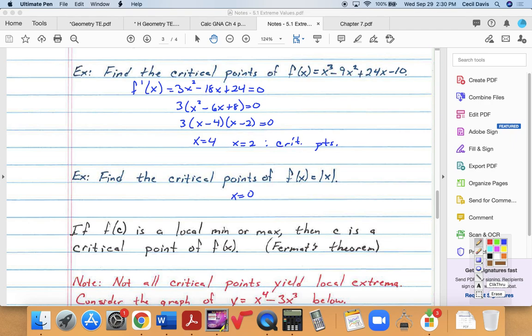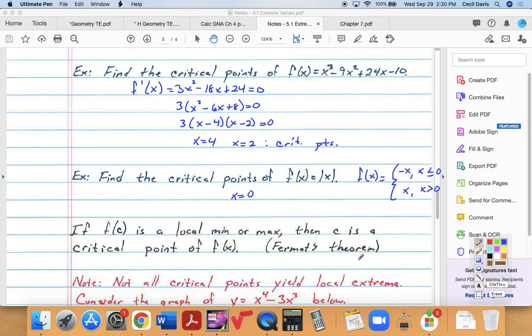By the way, if you wanted to show that non-graphically, what you would have to do is say that f of x is equal to the opposite of x for x less than or equal to 0, and x for x greater than 0. Then you could show that the left-hand derivative and the right-hand derivative don't agree with one another. But it's easier to think about it graphically.